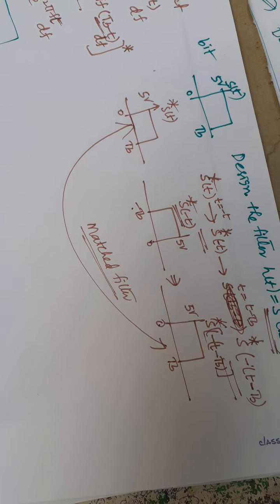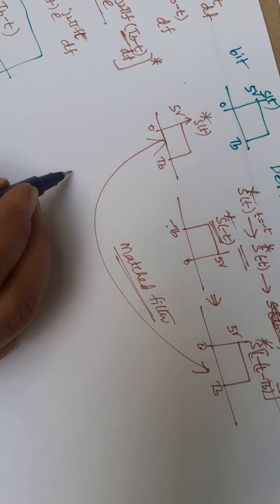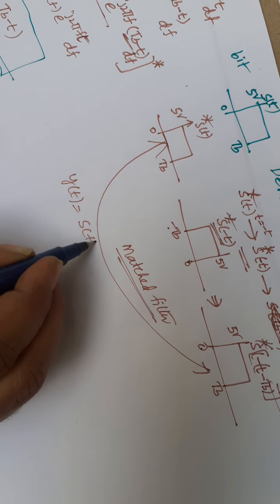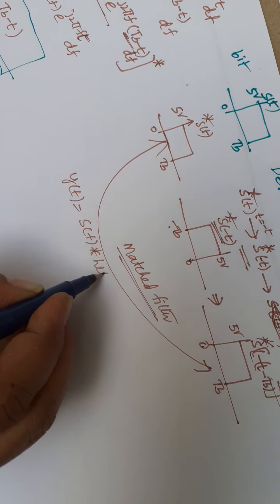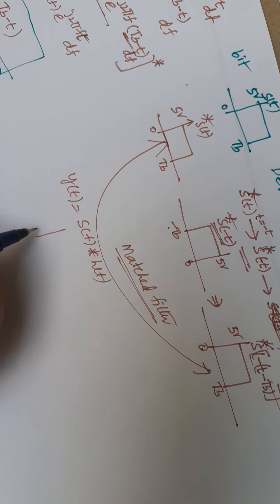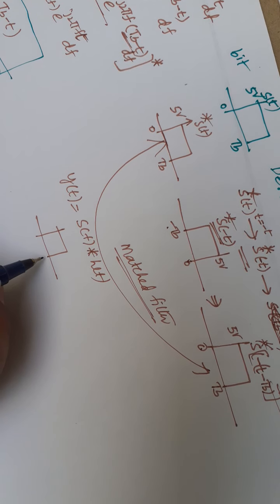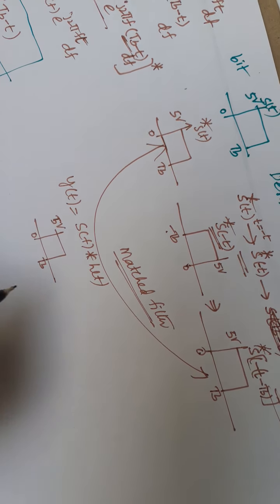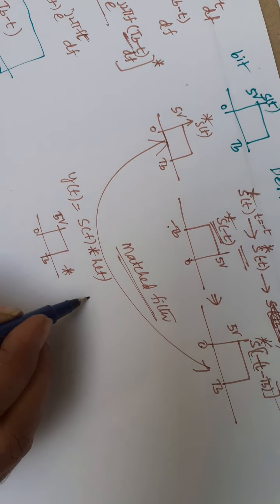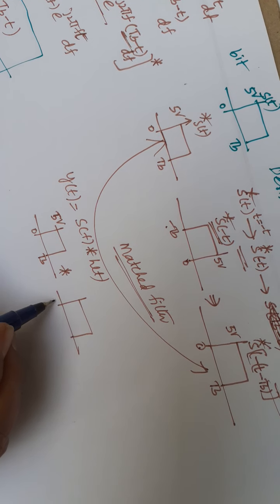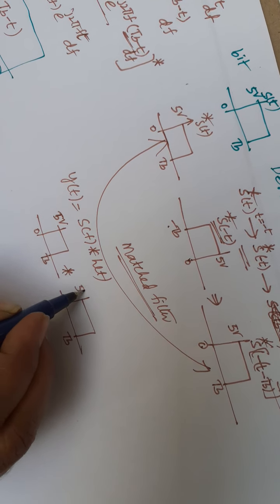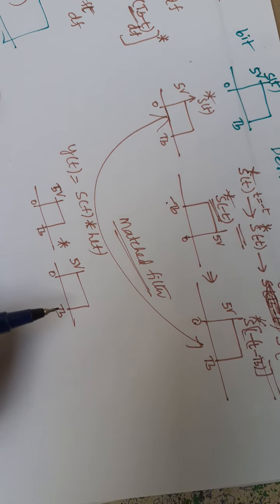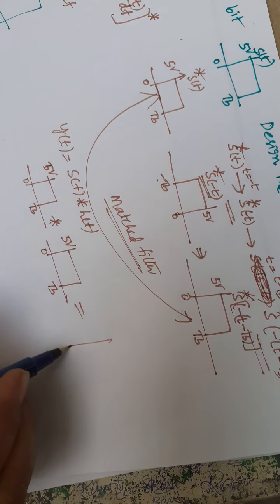Now I want to find the output of the matched filter, y(t). y(t) is equal to s(t) convolved with h(t). The s(t) signal is 5 volts from 0 to Tb, convolved with h(t), which is also the same signal, 0 to Tb at 5 volts.